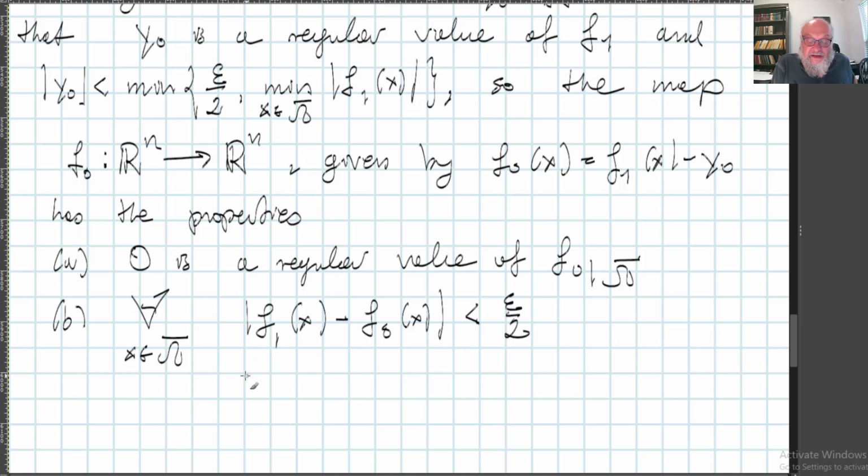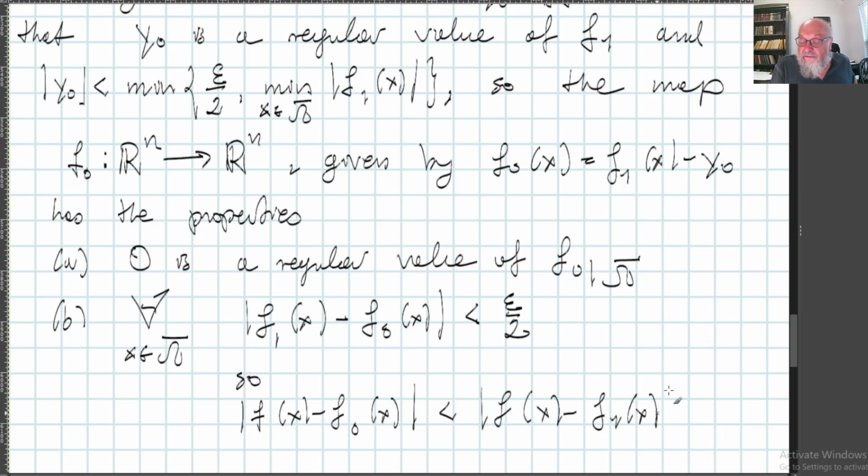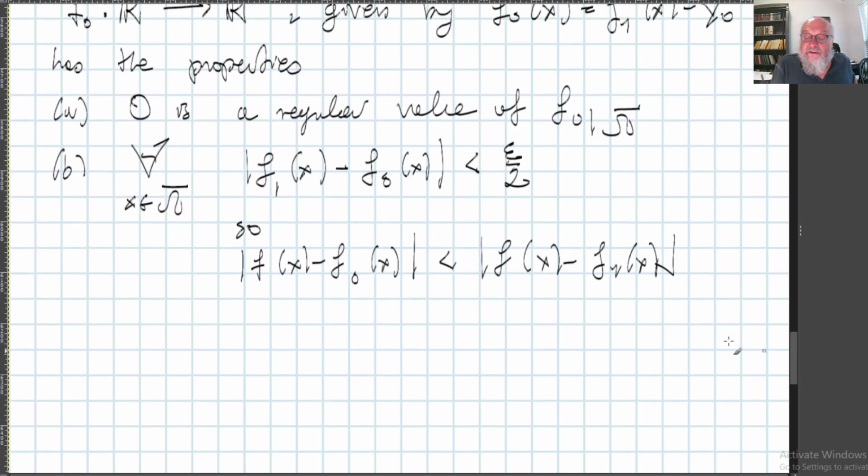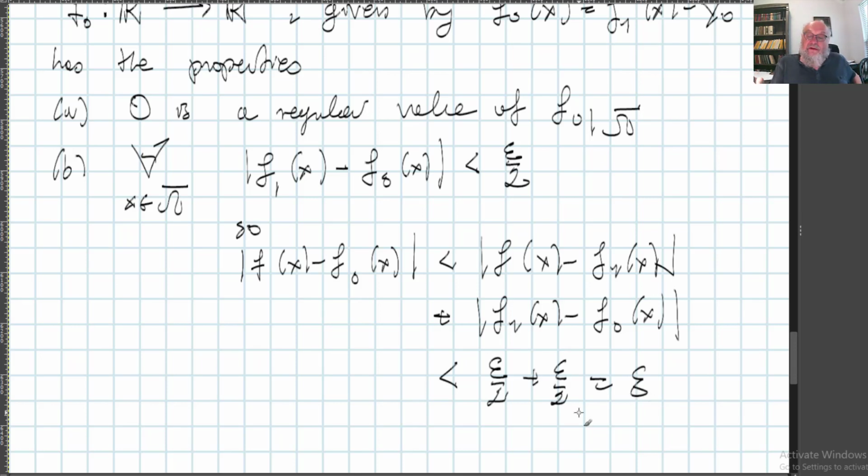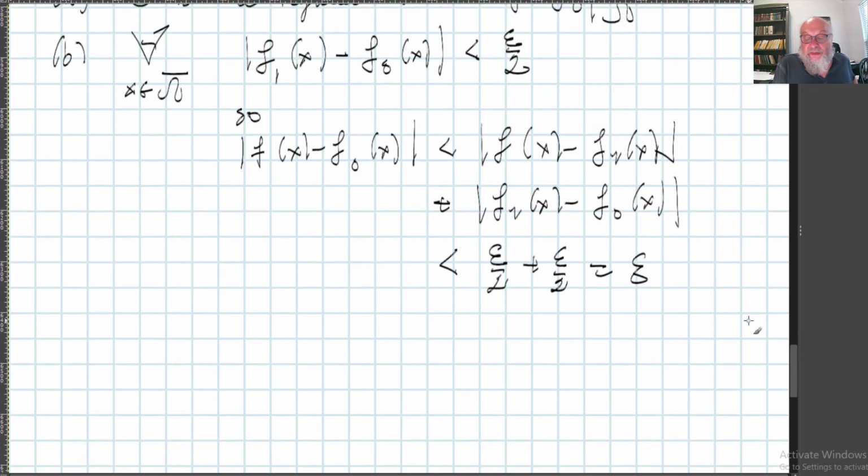That's what we needed, and hence you are getting that the norm of F of x minus F0 of x is smaller than the norm of F of x minus F1 of x, plus the norm of F1 of x minus F0 of x, so that is smaller than epsilon over 2 plus epsilon over 2, equal to epsilon. So yes, we are getting an approximation.